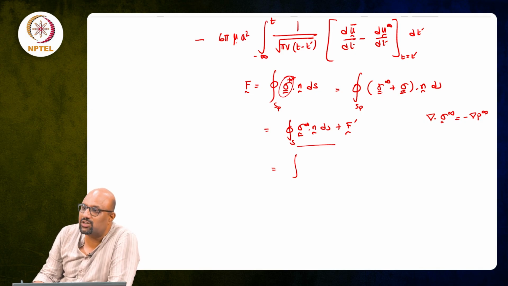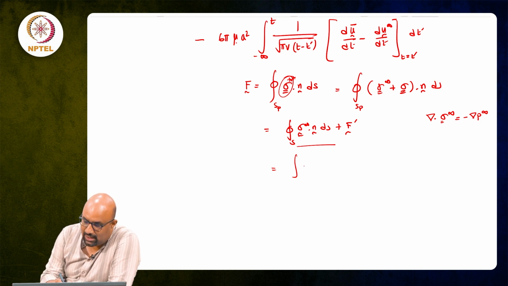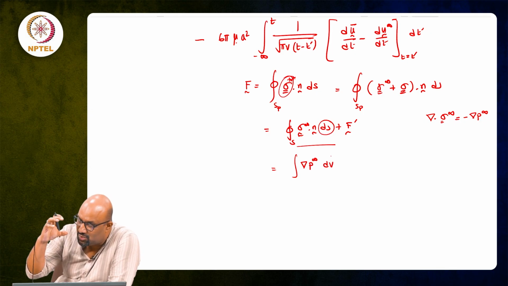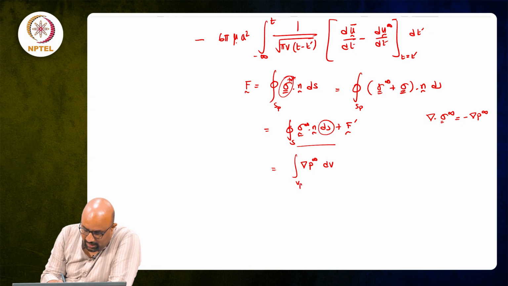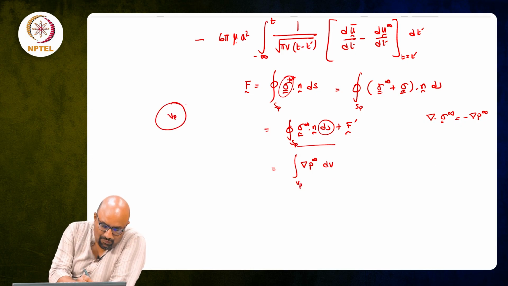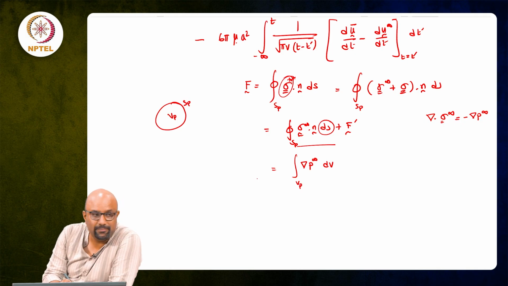So there is no rate of strain for the background flow, which means it only has a pressure gradient. So this term can be written purely as del P infinity. I can convert this surface integral into a volume integral over the sphere, with volume Vp and surface Sp. So I am converting this into a volume integral, which is the divergence of sigma infinity dV.